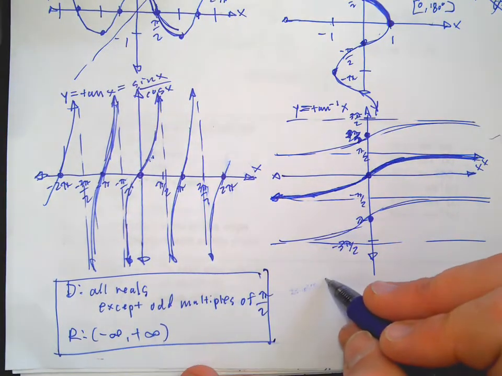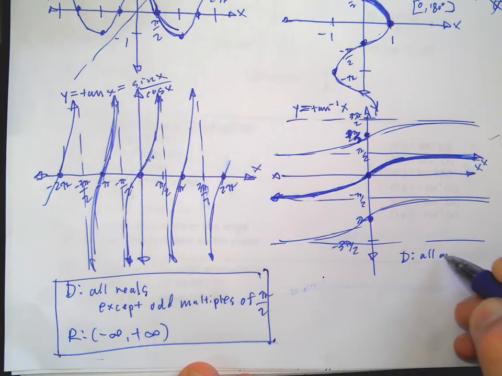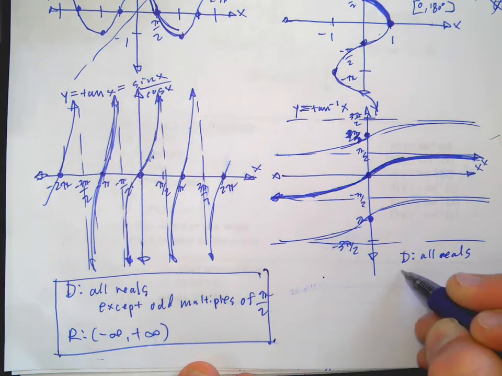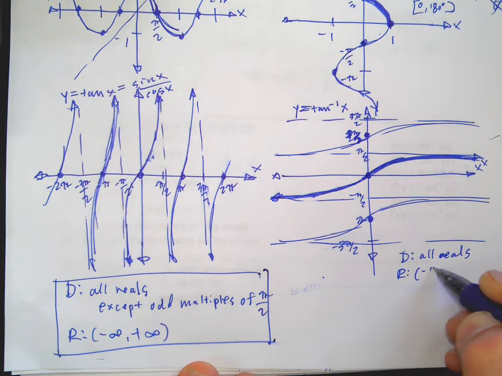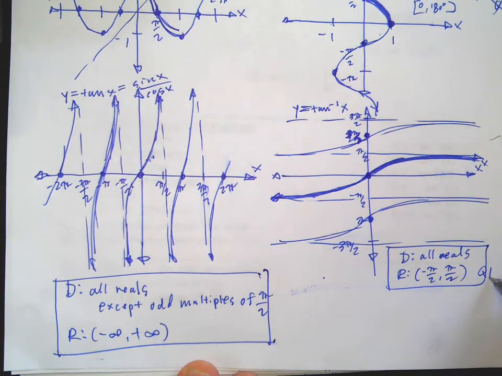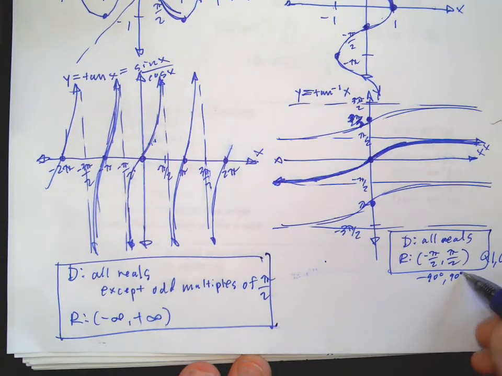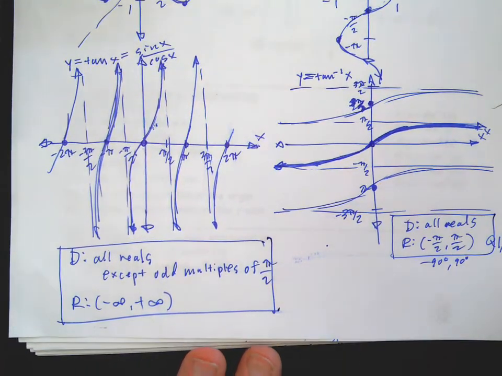So the domain is all reals, which makes sense because the range was all reals. The range is going to be negative pi over 2 to pi over 2, but there's not brackets because it's quadrant 1 and quadrant 4, negative 90 and 90. There's not brackets because those are asymptotes, so they don't actually exist.